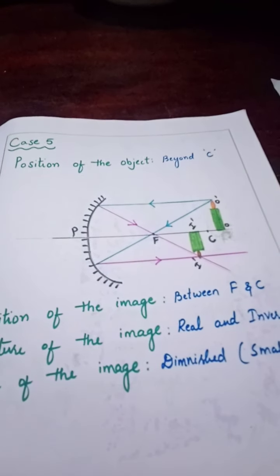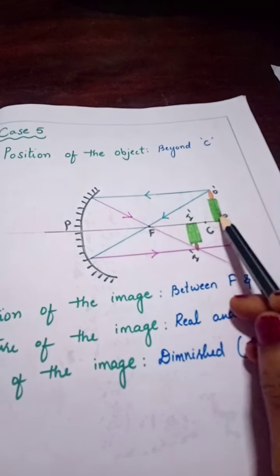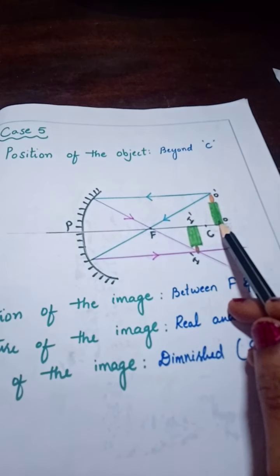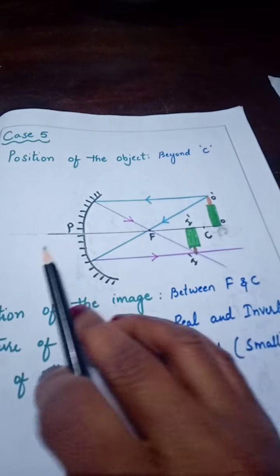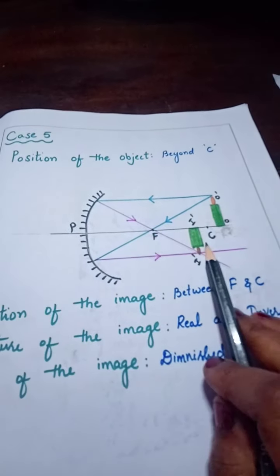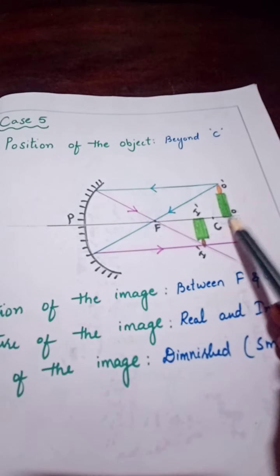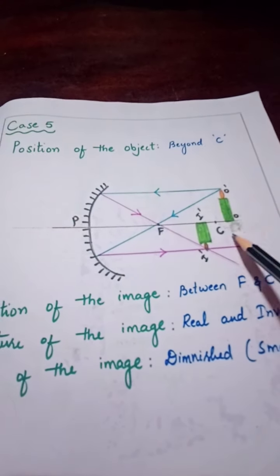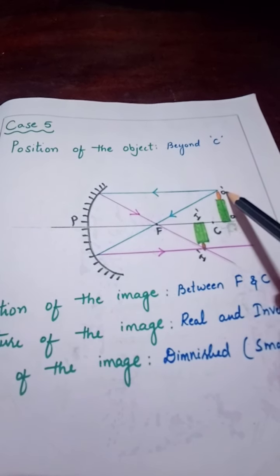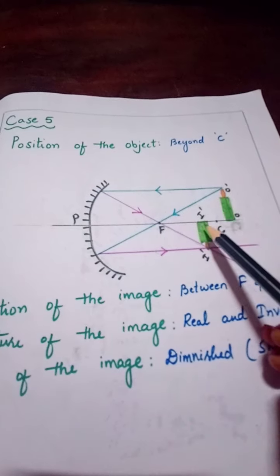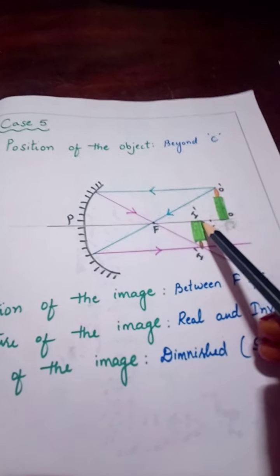And the third rule of sign convention is that distances are taken from the principal axis. For example, the height of the object. We have discussed till now only horizontal distances, from left to right and right to left, the object distance and image distance. If the height is measured from the principal axis in the upward direction, then it should be considered positive.